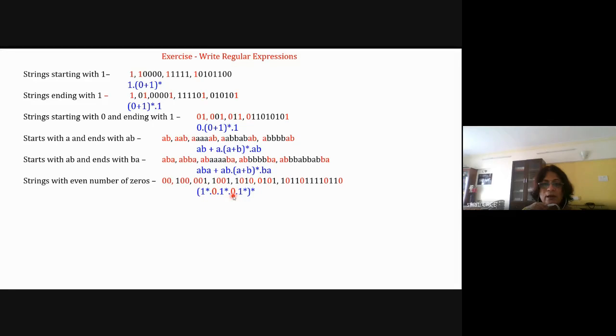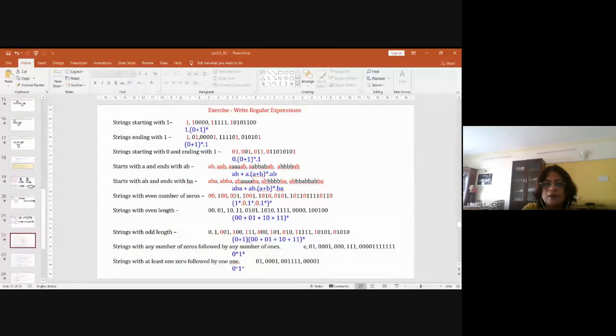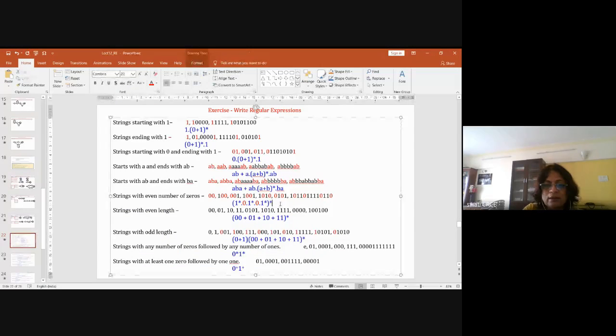So I'll have to modify this answer. What I'll say is that the boundary condition is all ones should also be accepted, because the number of zeros is zero in that case.